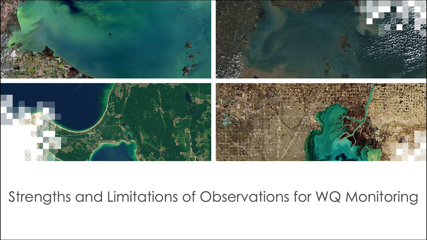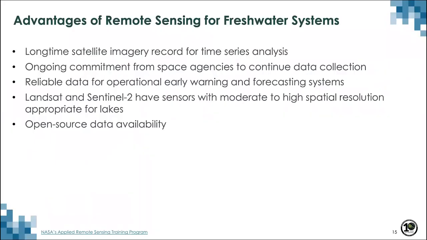So let's look at strengths and limitations of observations for water quality monitoring. Advantages of remote sensing for freshwater systems: satellites have long-term imagery available. It's a long record, so it's not intermittent, it's continuous, such as Landsat, which is available since 1972.